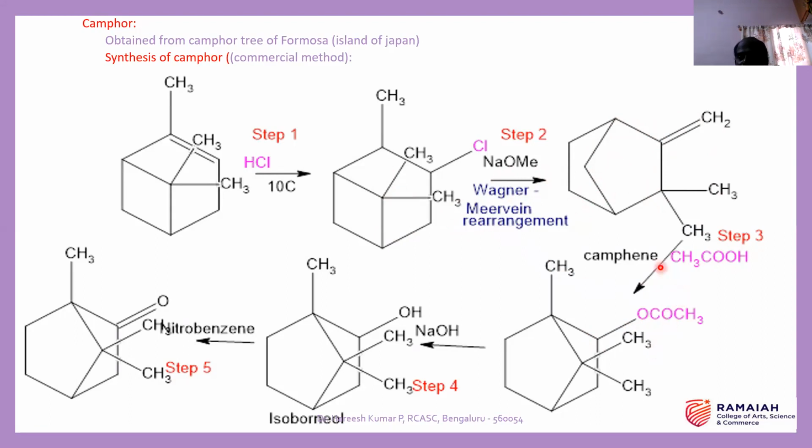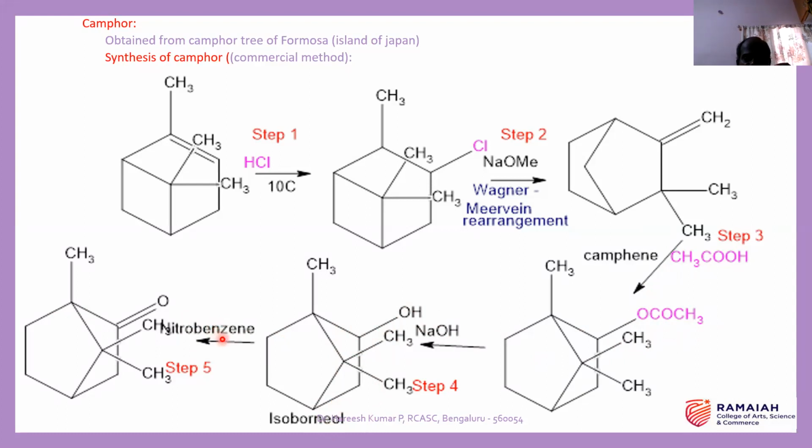So now from camphene to the acetoxy group, this is the acetoxy group. From here to here, it's a hydrolysis. The acetoxy is converted into alcohol. From here to here, you know that this is isoborneol. And when this is oxidized, the oxidizing agent here is nitrobenzene.